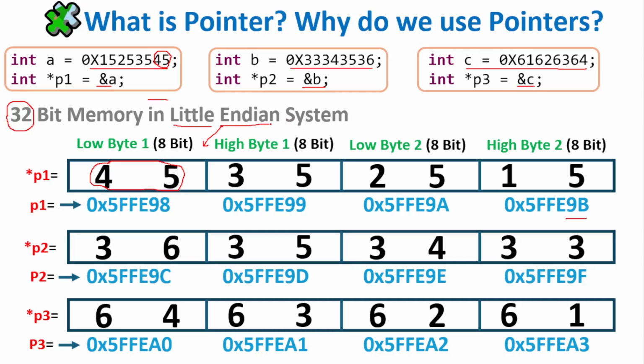And this is how pointers, memory layout, and Little Endian architectures work together in C language. But why do we use pointers?